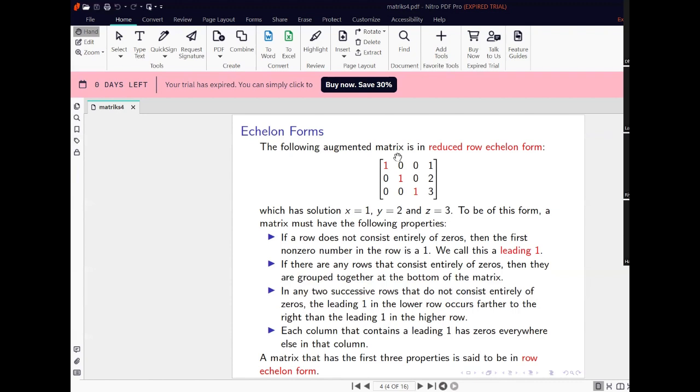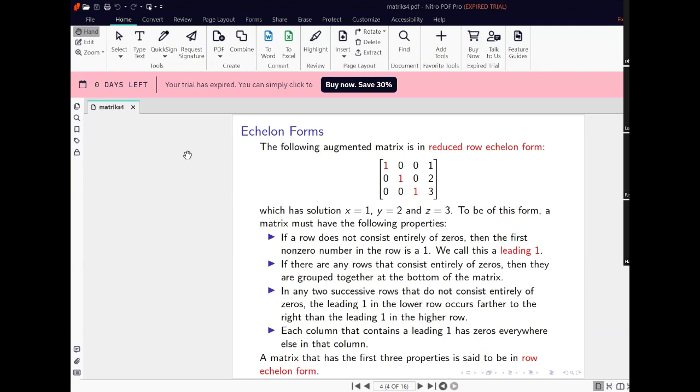For example, you see that in this augmented matrix, in the first row, the first number is 1. In the second row, the first non-zero number is also 1.